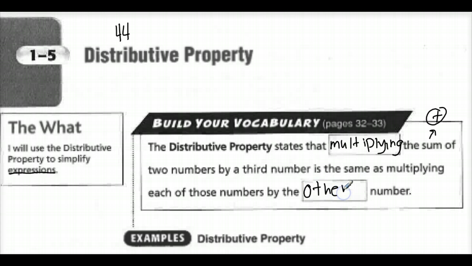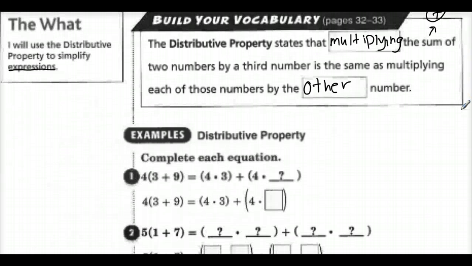It's basically saying it doesn't matter if you add two numbers together, then multiply them by the third number, or if you multiply each of the two numbers by the other number individually, you're going to get the same answer. And it might make more sense after we do a couple.